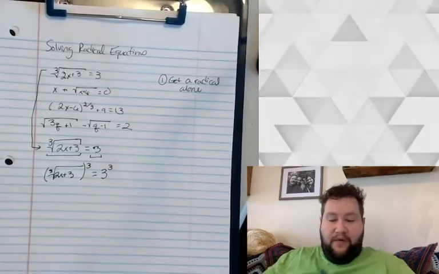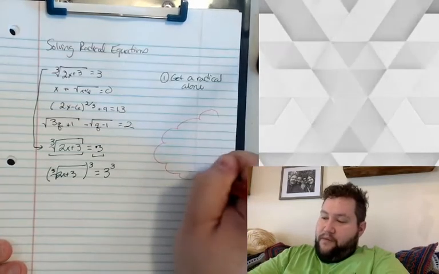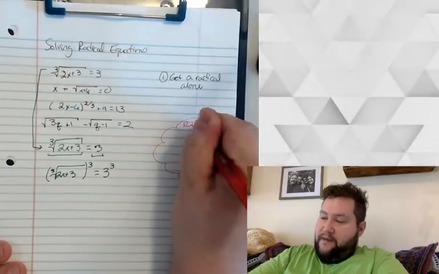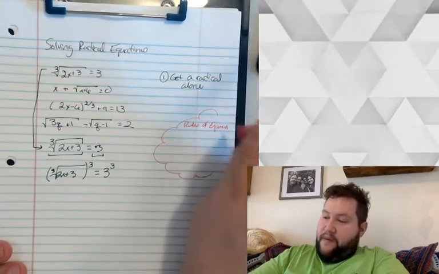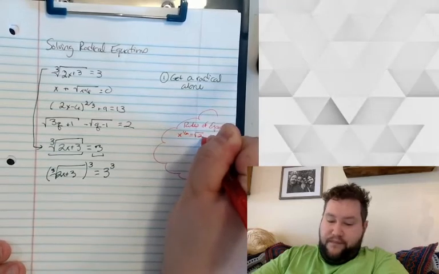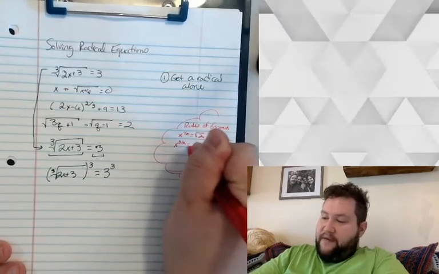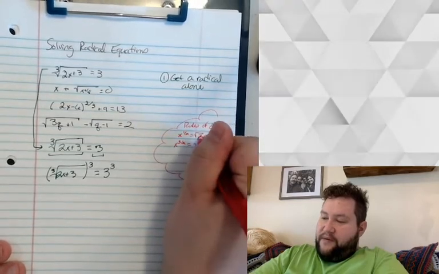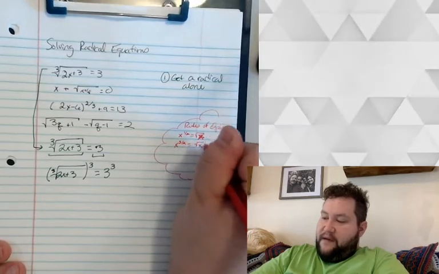And so now it might be worthwhile to remind us of some of our rules of exponents. Well, we have x to the 1/2 is the same as the square root. And x to the 3/2 is the same as the square root of x all to the third power.